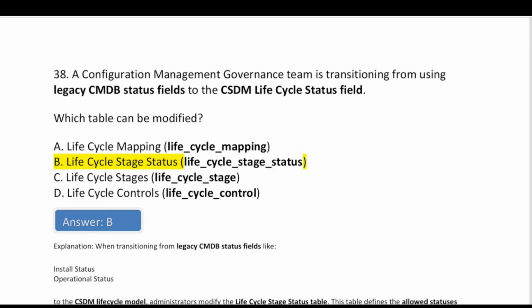Question: a configuration management governance team is transitioning from using the legacy CMDB status field to the CSDM lifecycle status field. Which table can be modified? Option A. Lifecycle mapping (life_cycle_mapping).